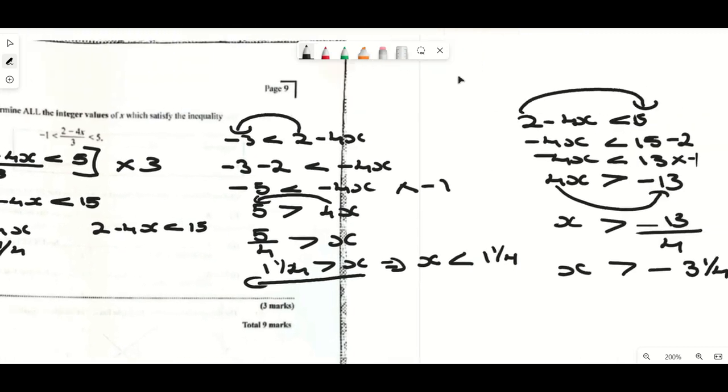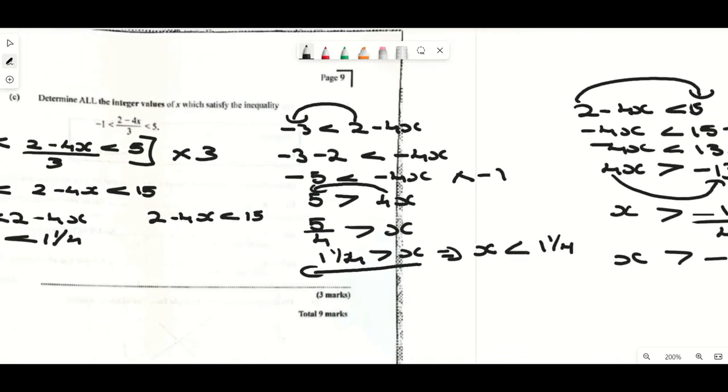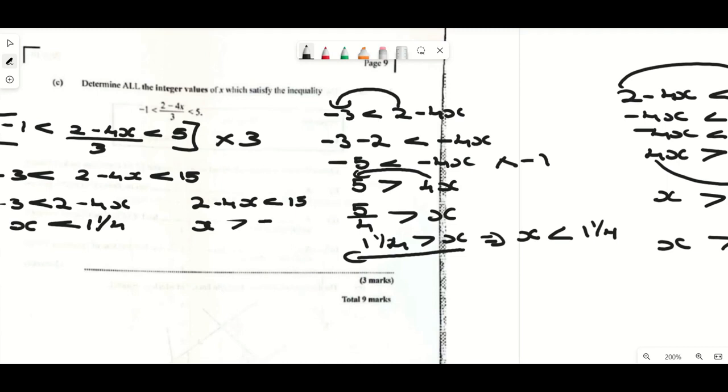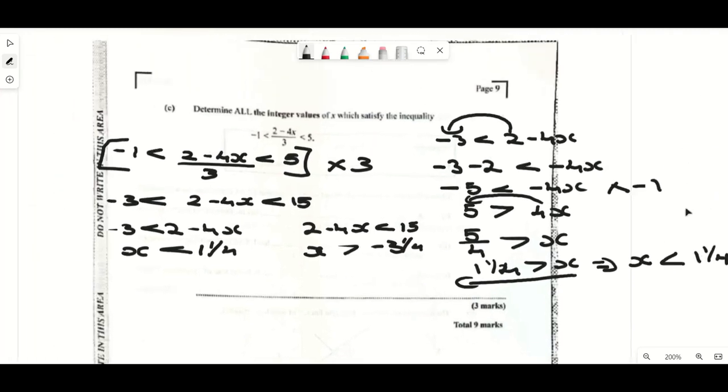All right, so for your second part, we get x is more than minus 3 1/4. So if we know anything, as I said before about integers, we want negative numbers, positive numbers, and 0. We don't want any fractions. So first off, they said that x is more than negative 3 1/4.